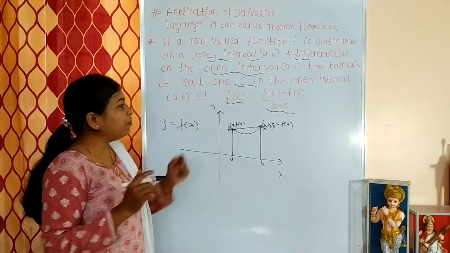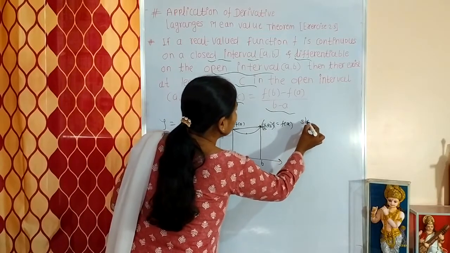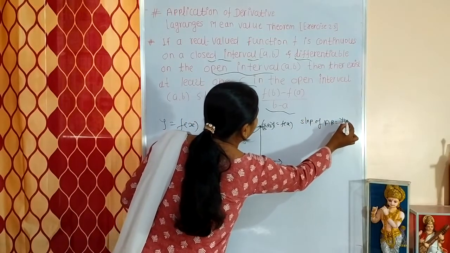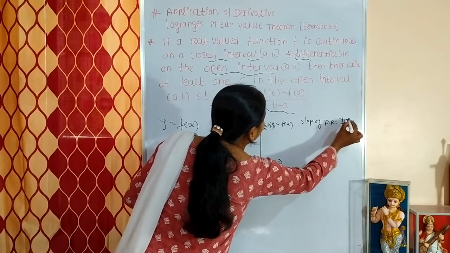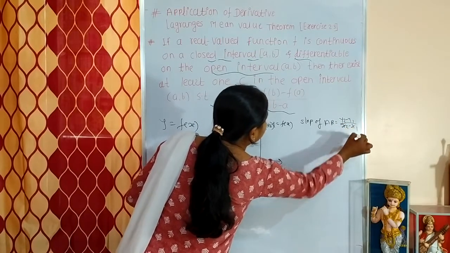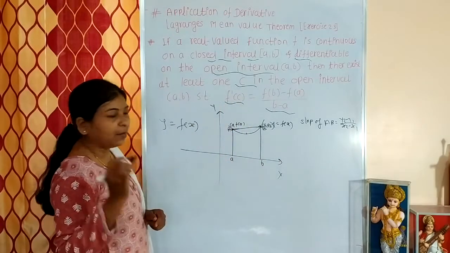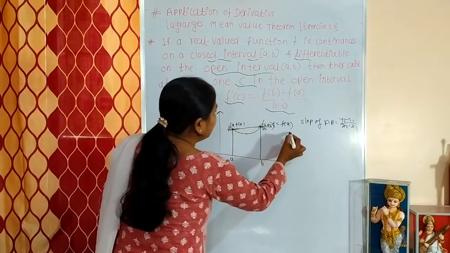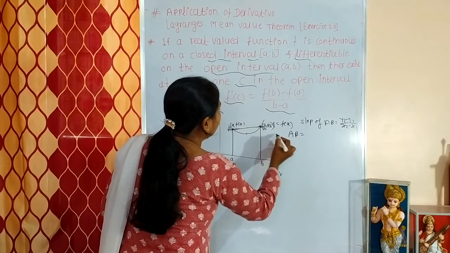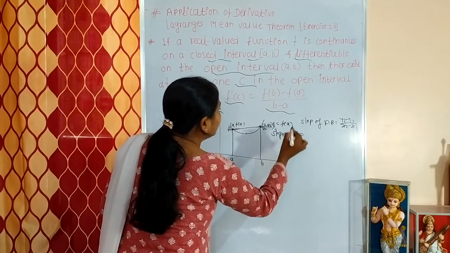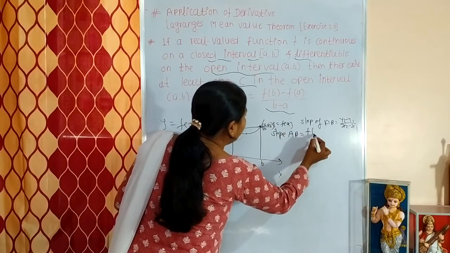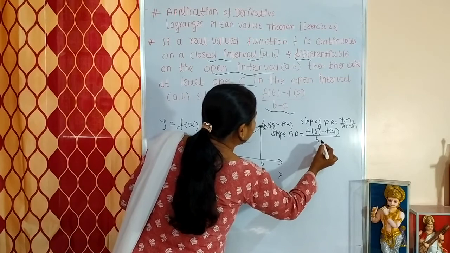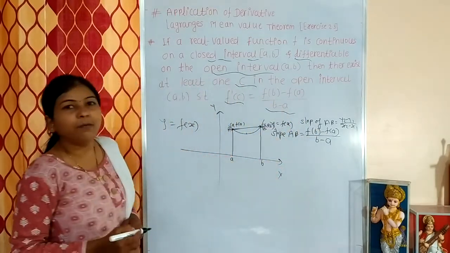The slope of the chord AB uses the same formula, y2 minus y1 divided by x2 minus x1, with points x1, y1 and x2, y2. So the slope of AB is f of b minus f of a divided by b minus a.